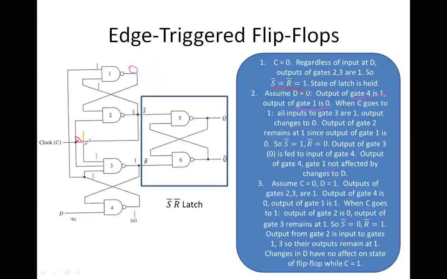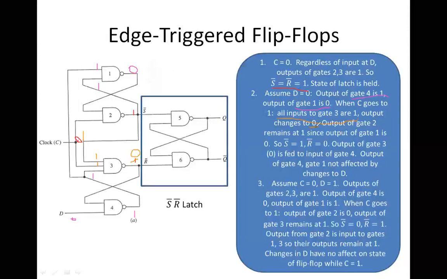Because this 1 will pass here, and the clock I have made 1, right? So all 3 inputs will become 1. Is this clear? All inputs to gate 3 will become 1. So the output will change from 1 to 0, since all are 1. So the output changes to 0.